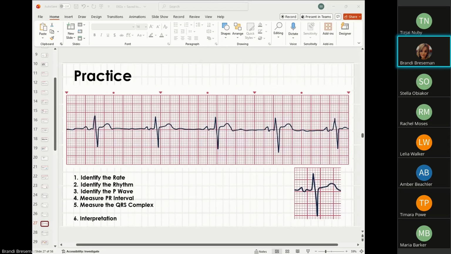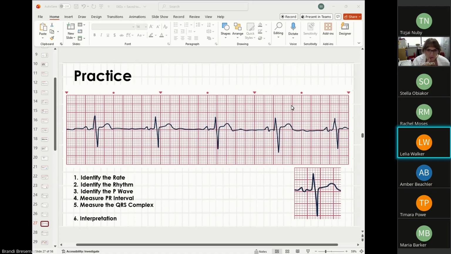So we're going to look at this one. What's your rate? What's your heart rate? 50. Yep, 50. Good job. So we have 1, 2, 3, 4, 5. So 5 times 10 is 50. Is your rhythm regular or irregular? It's regular.